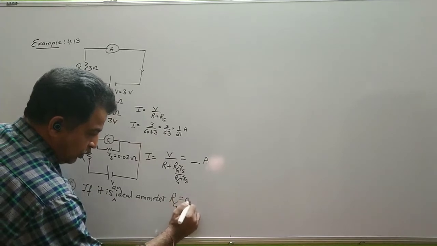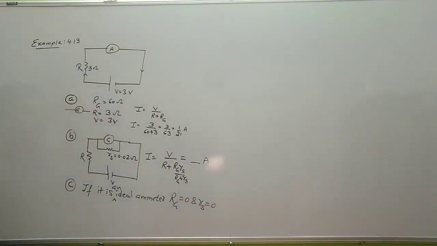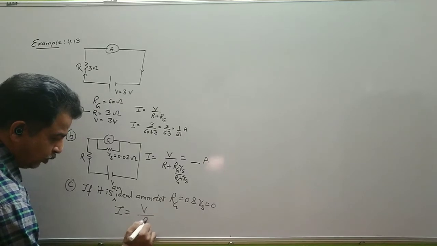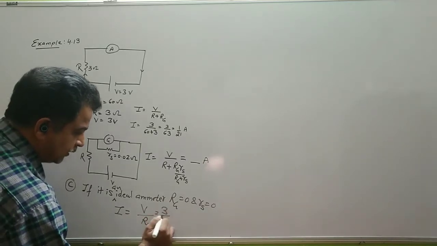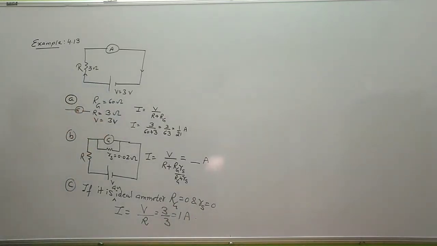Rg will be 0 and Rs is also 0, means no resistance is there, only the external resistance is left. So I is equal to V upon R, that is 3 upon 3, that is equal to 1 ampere. So this numerical tries to explain the same thing we did in the last lecture.